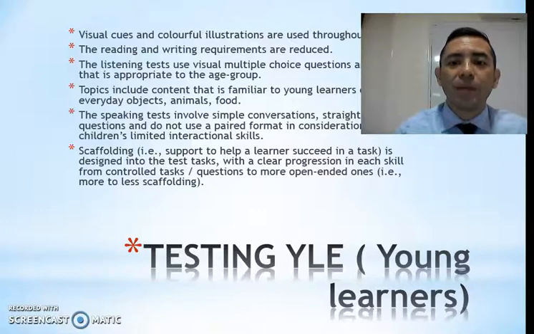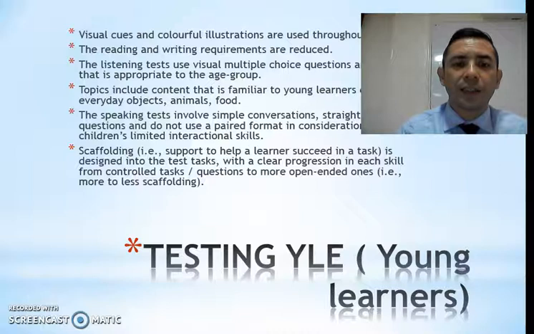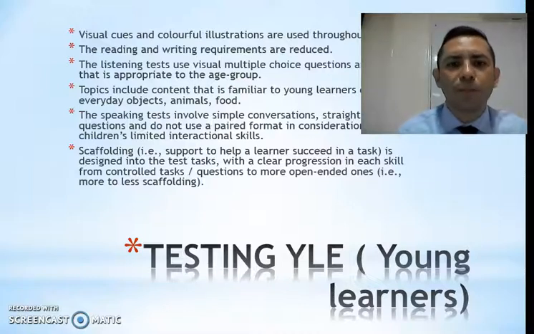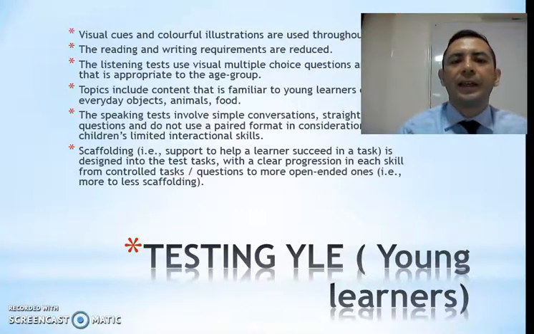Scaffolding is extremely important in this test. When you are designing this test, they would see a clear progression in each skill, from control to more open-ended exercises. And when it comes to speaking, it should involve simple conversation, straightforward questions, and remember that, once again, feedback and positive feedback is really important when testing children.